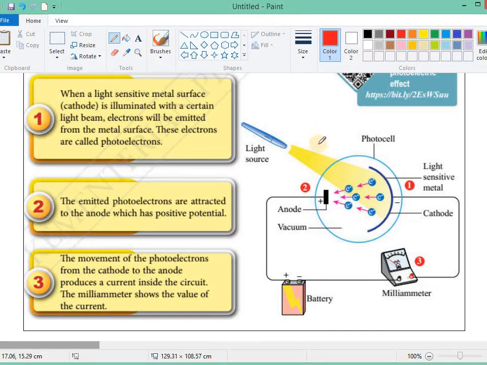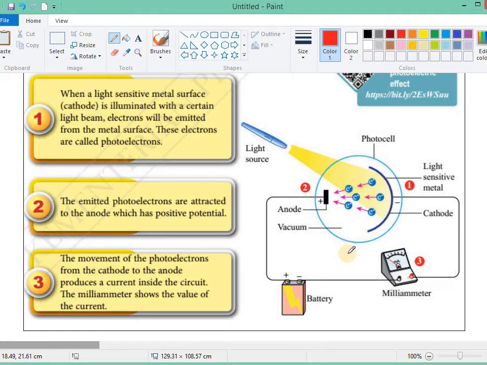What happens is when you shine a light onto the light sensitive metal, the photoelectric effect will occur, and the milliammeter will show a reading. The reading of the milliammeter means that there is electron flow, there is current flowing in this circuit.